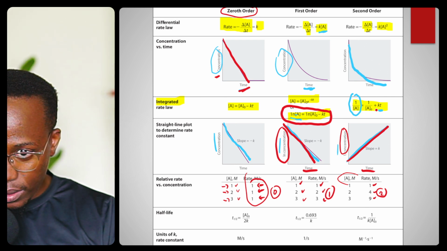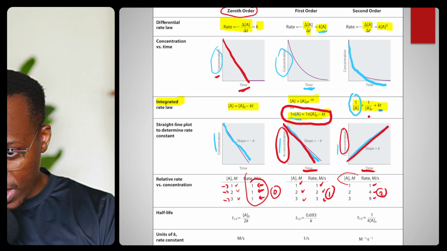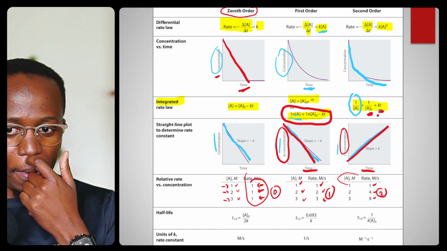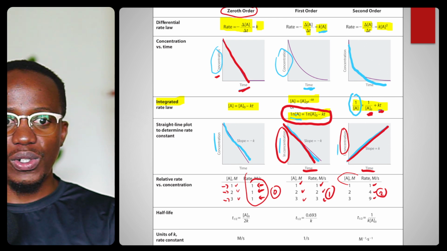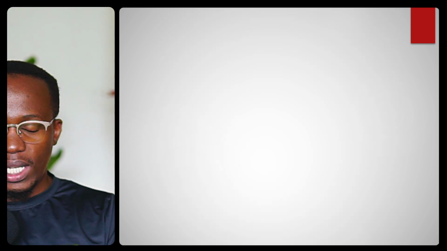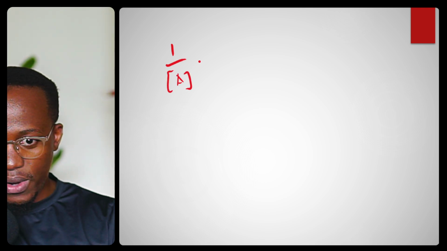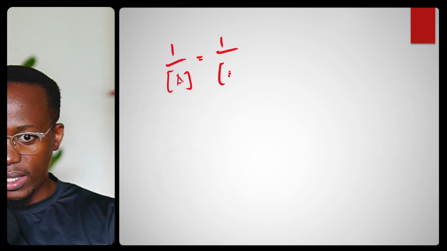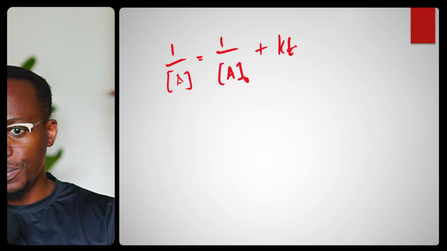If you remember, 1 over A is equal to 1 over A0 plus kt, right? Wait, I can actually show you how to get it. That way you understand, because some people actually need to see it laid out. So 1 over A is equal to 1 over A0 plus kt.